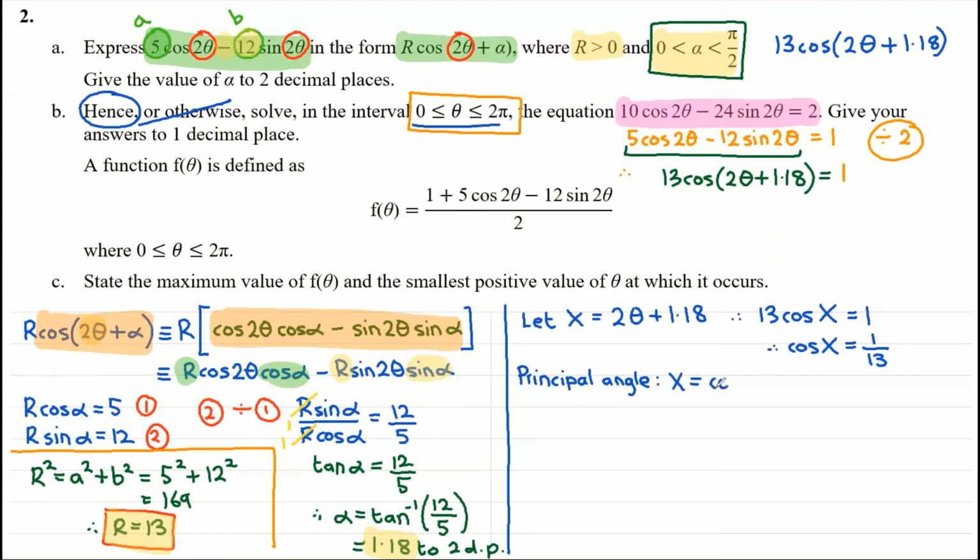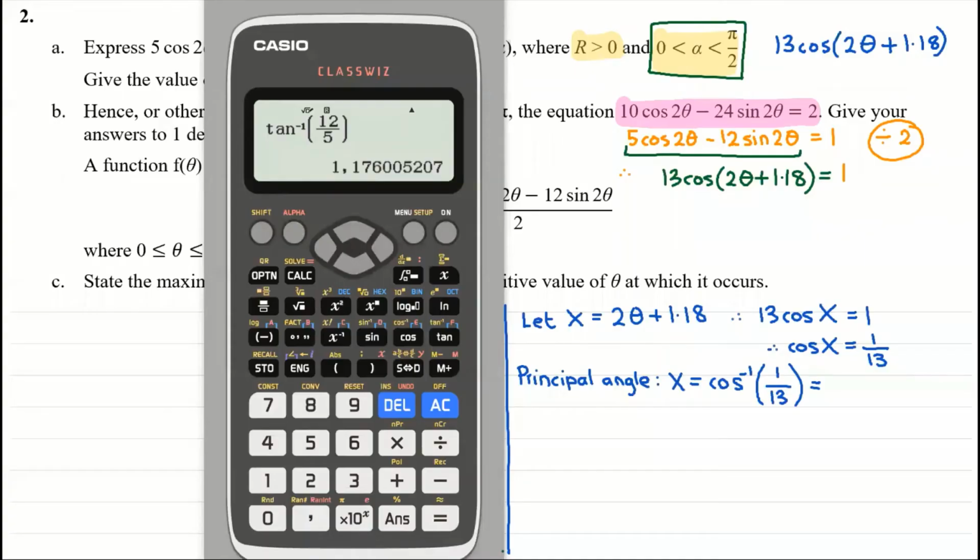So remember, the principal angle is, if it's not positive already, you imagine that value is positive. You do the inverse cosine or the inverse sine, the inverse tan, or whatever it is, and it gives you an acute angle which you can place on your CAST diagram in the correct quadrants. So if we do that, I'm just going to have to use my calculator now. It's going to be the inverse cosine, it's set on radians, of course, shift cos 1 over 13.